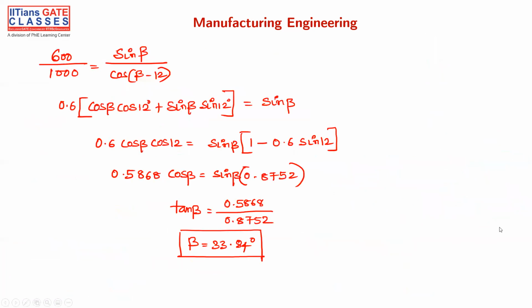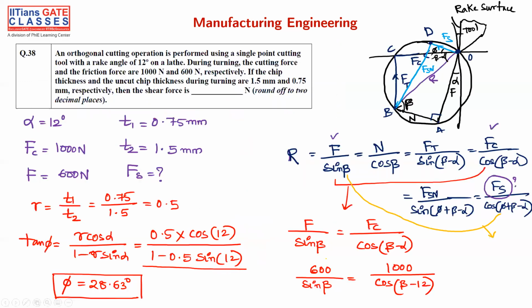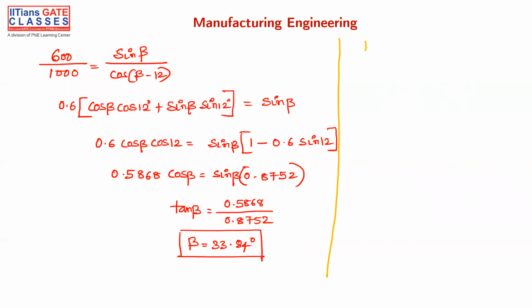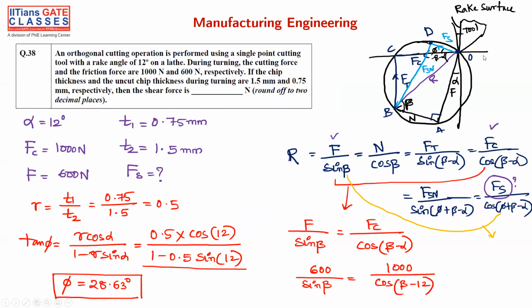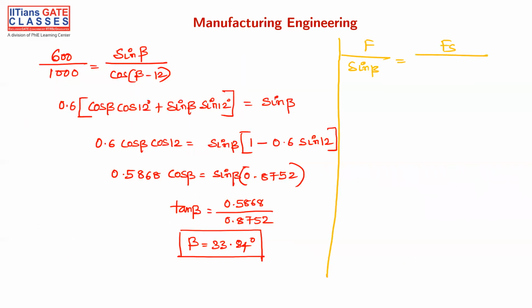Let's write that. F by sin beta is equal to Fs by cos phi plus beta minus alpha. Cos phi plus beta minus alpha, right?